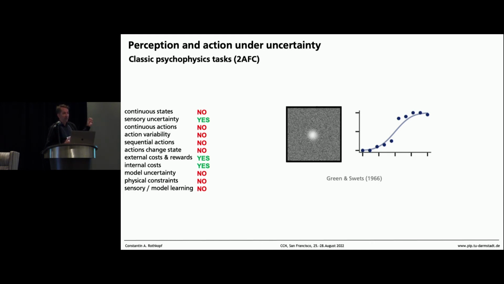And so classical psychophysics 2AFC tasks, well, their structure is very simple in terms of their probabilistic structure.